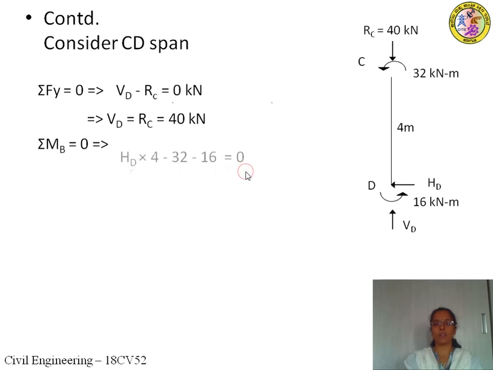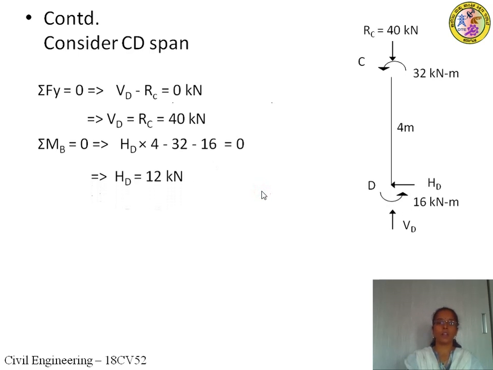This HD is inducing clockwise moment about C. Therefore, plus HD into 4. And then we have an anticlockwise moment of 32, therefore minus 32, and another anticlockwise moment of 16, therefore minus 16. Equate it to 0, which gives a value of HD as 12 kilonewton. So, these are the support reactions.